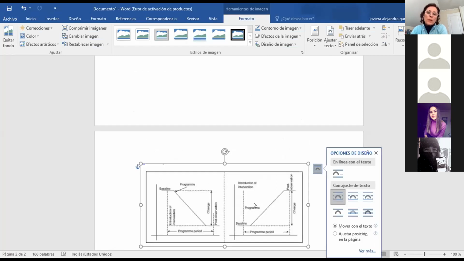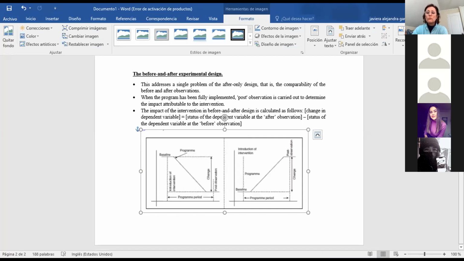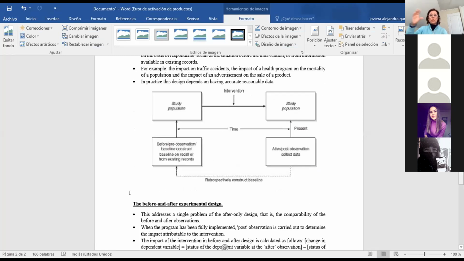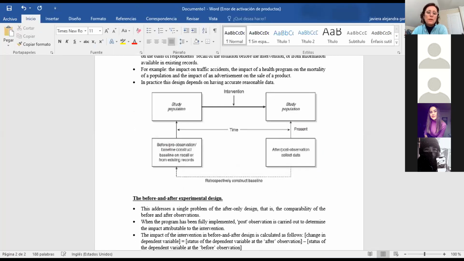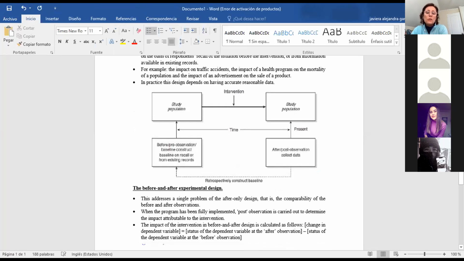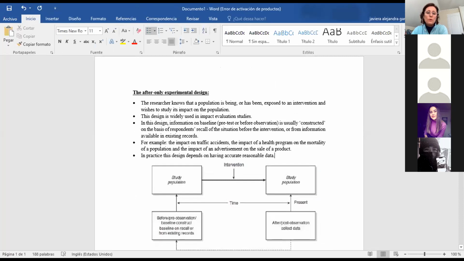So that's the idea of pre and post, or before and after. What do they know before and what do they know after? So the results, the effects. And there you can measure the effect of your intervention.